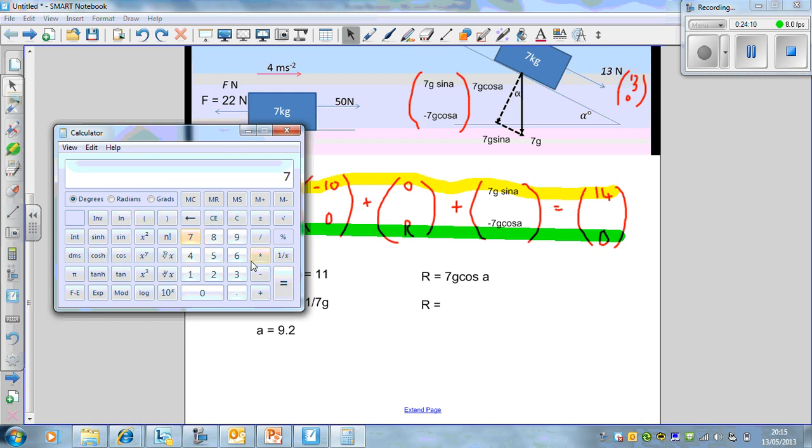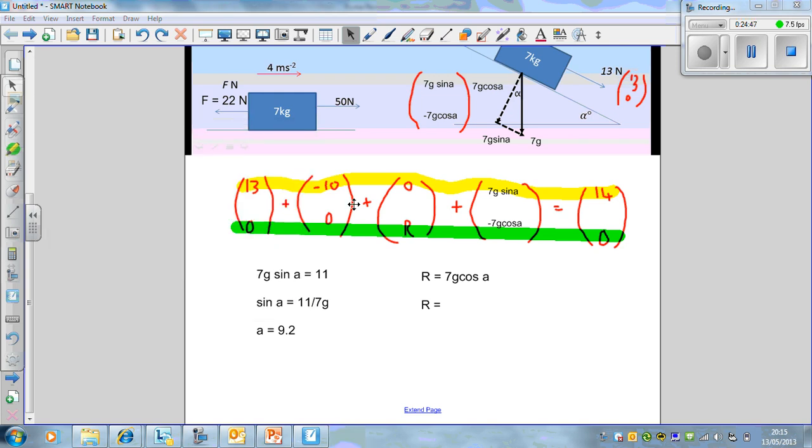So 7 times 9.8 is 68.6. The calculators you've got will be able to do this straight away. A is 9.2, so if we do the cos of that, we get that. Yeah, that's better. Times by 7 times by 9.8. 67.7 newtons.